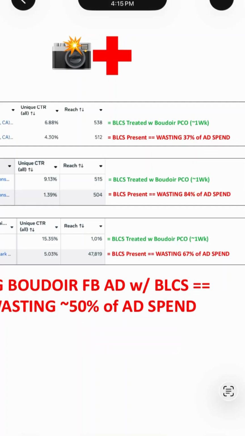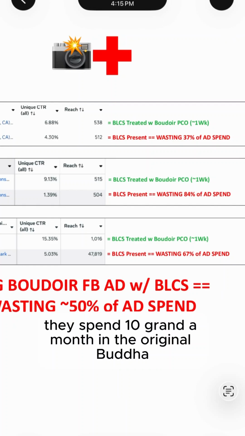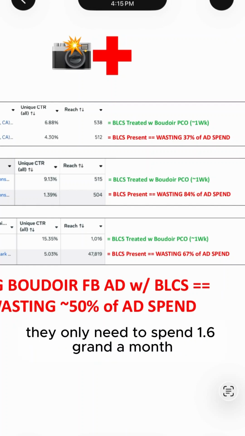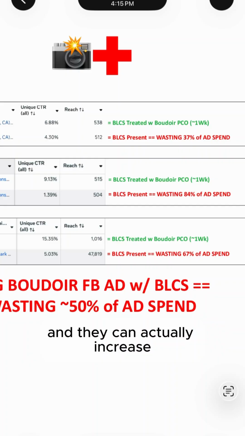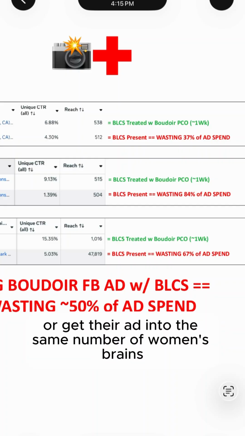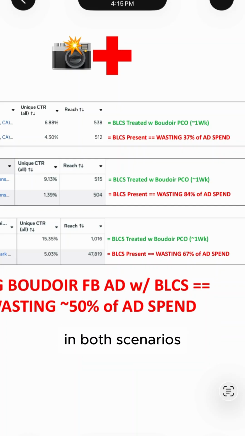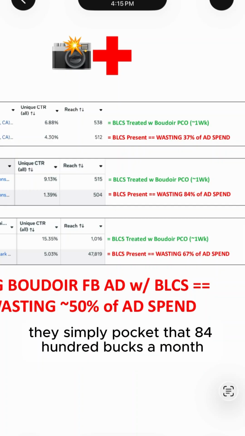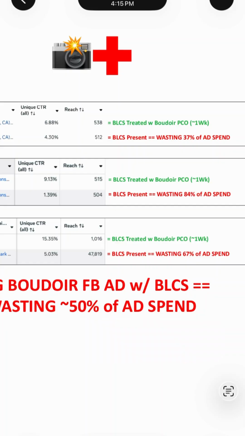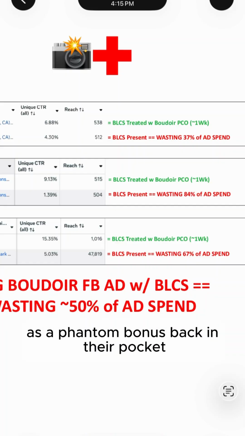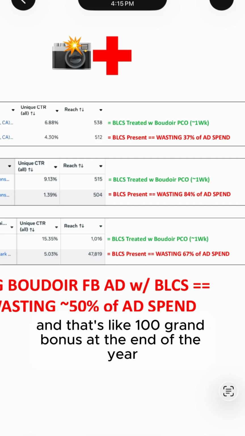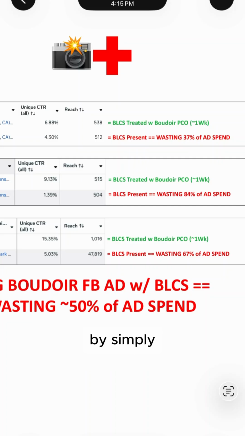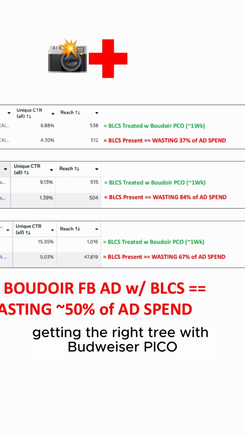As a result, if they spend 10 grand a month on the original Boudoir Facebook ad, now they only need to spend 1.6 grand a month on the Boudoir Pico treated ad, and they can get their ad into the same number of women's brains in both scenarios. So they simply pocket that $8,400 a month, not needing to spend that ad spend anymore, as a phantom bonus back in their pocket, no extra work required. That's like a 100 grand bonus at the end of the year by simply getting their ad treated with Boudoir Pico.